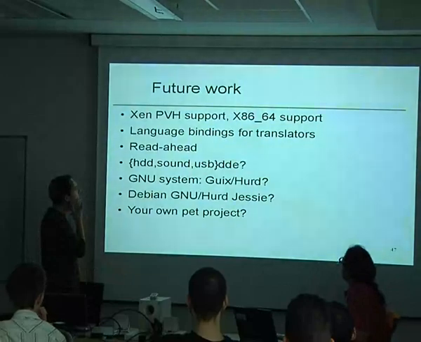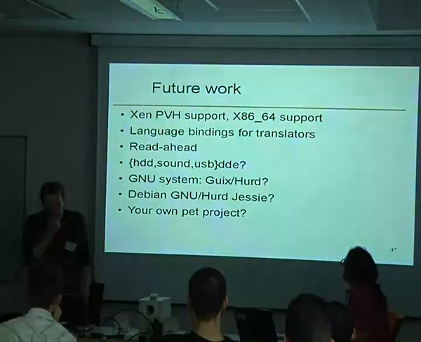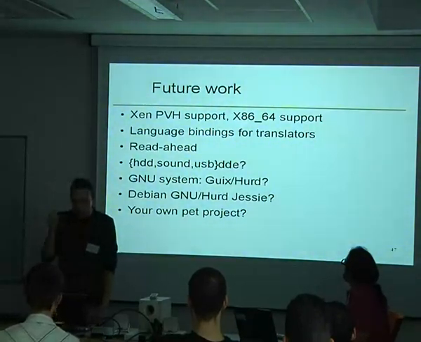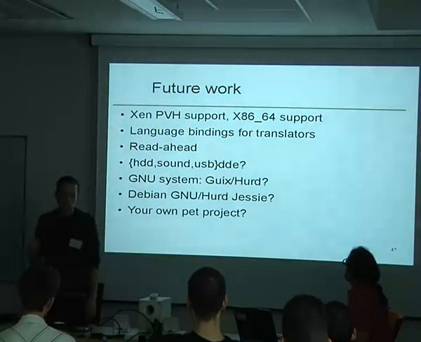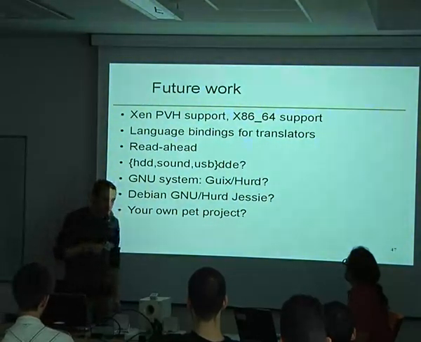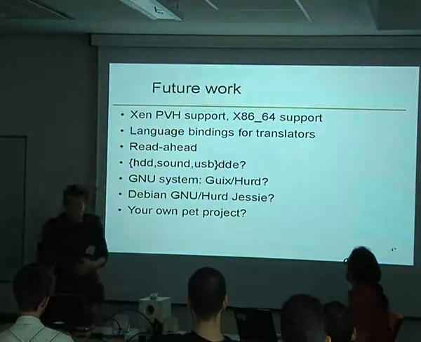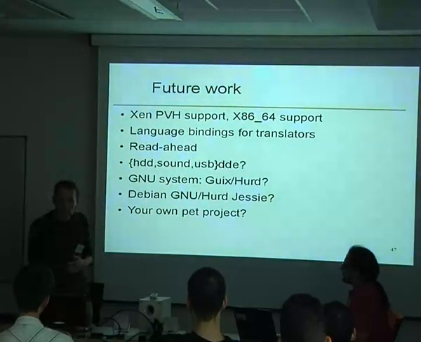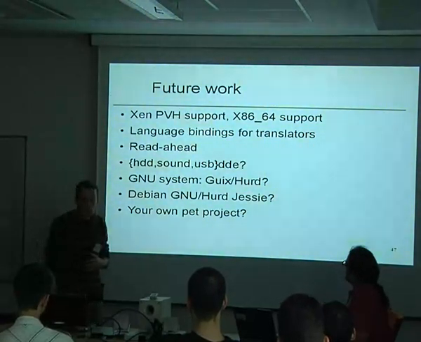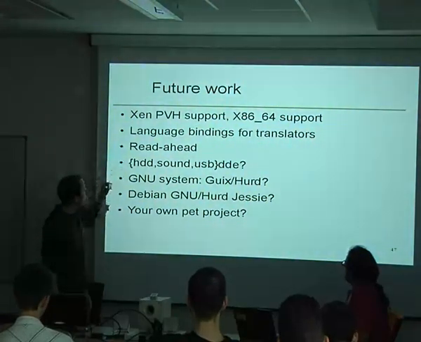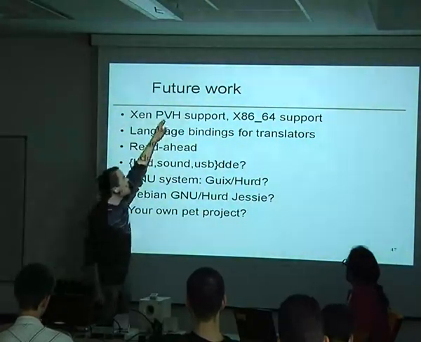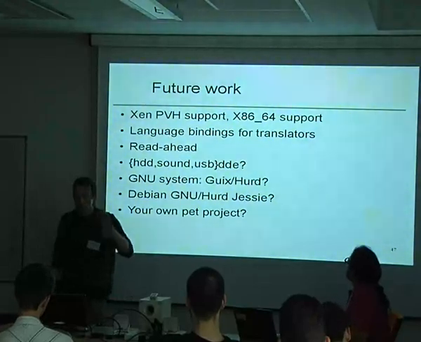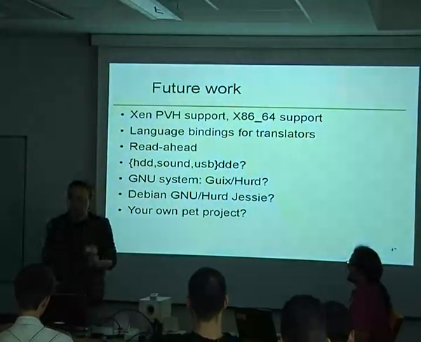So future work, there are several things in various areas. The Xen support at the moment is using PV that is not exploiting the virtualization capabilities of nowadays processors, and it's a bit sad. So Xen has started work on PVH, which would be exactly like PV, except it uses that support.